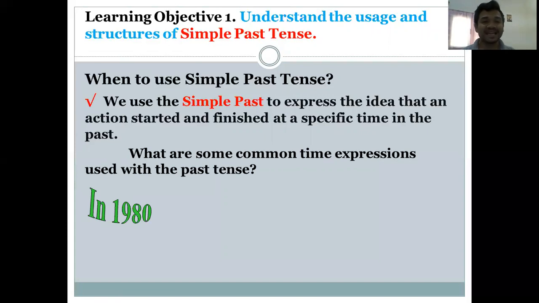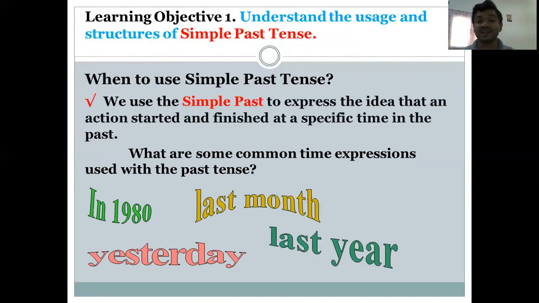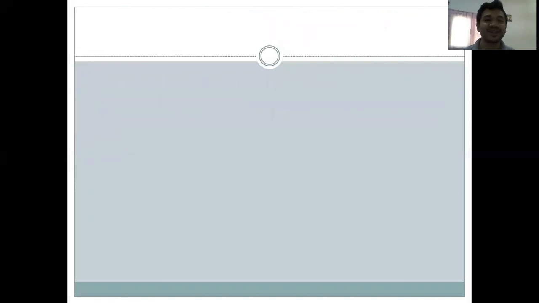First one, in 1980. It doesn't mean it's really in 1980, but it can be in 2000, in 2019, in 2020. Then last month, yesterday, last year, last week, and ago. So these are some of the time expressions used with simple past tense. Take note of that.